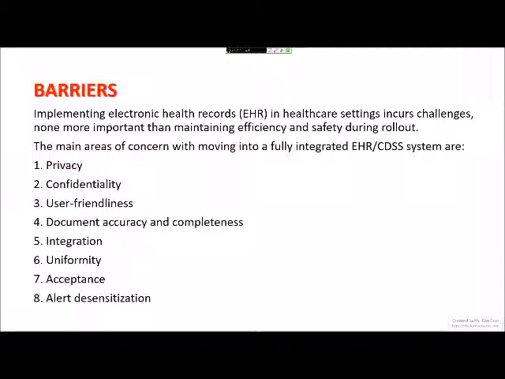The main areas of concern with moving into a fully integrated EHR and CDSS system are privacy, confidentiality, user-friendliness, document accuracy and completeness, integration, uniformity, acceptance, and alert decentralization.